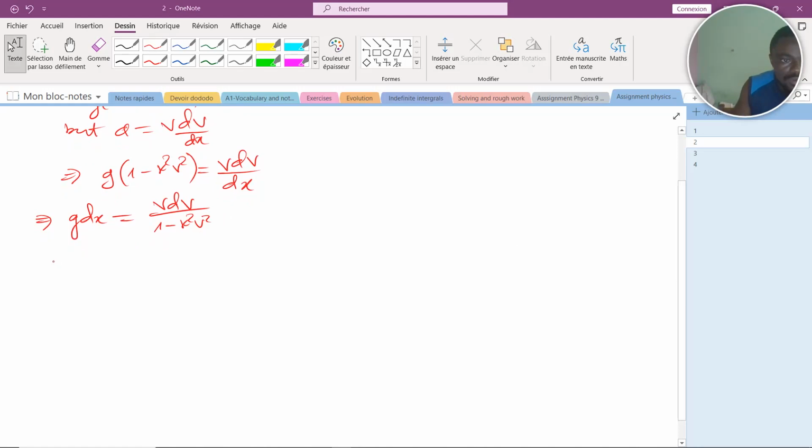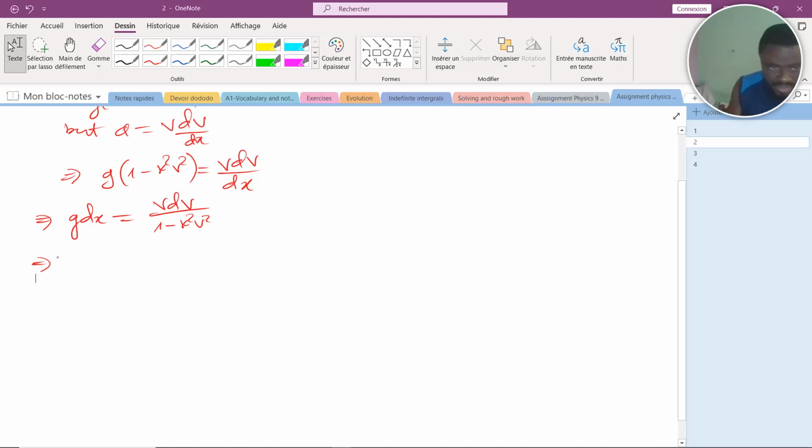Now we have to remove this dx and this dv, and as I told you in integration, to remove these we just introduce the integration sign.